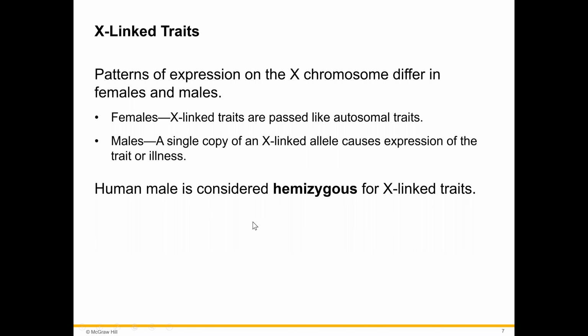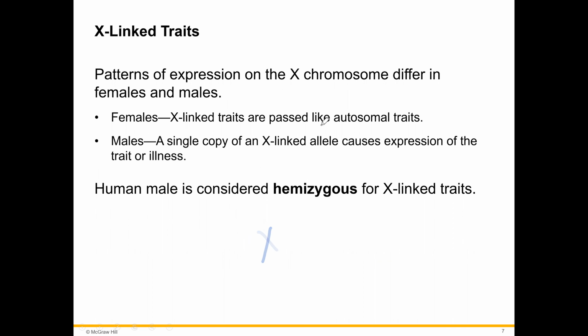So what about X chromosomes? If we have genes located on the X chromosome, those are X-linked traits. Patterns of inheritance on the X chromosome differ in females and males. In females, X-linked traits are passed like autosomal traits, because you have two X chromosomes.